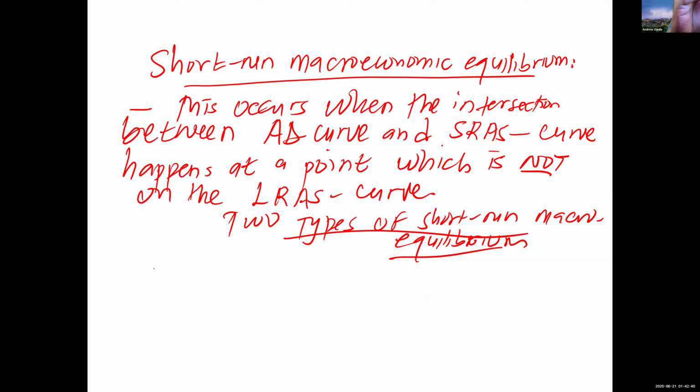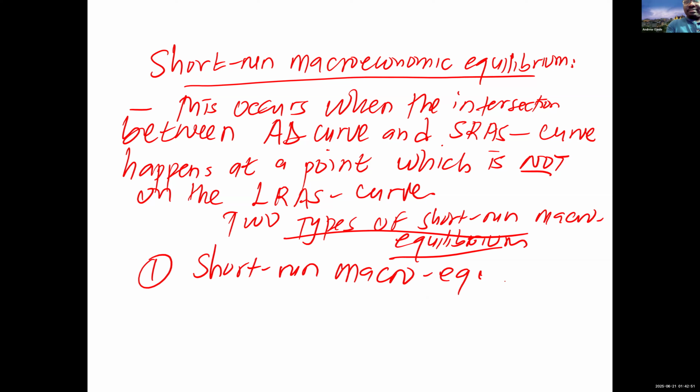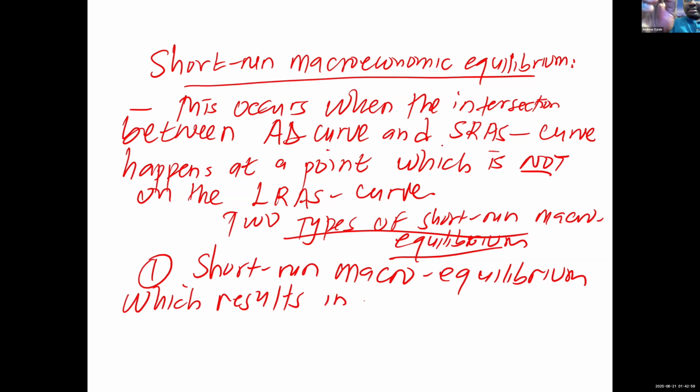The first one is short run macro equilibrium which results in a recessionary gap. That's one type of short run macroeconomic equilibrium.